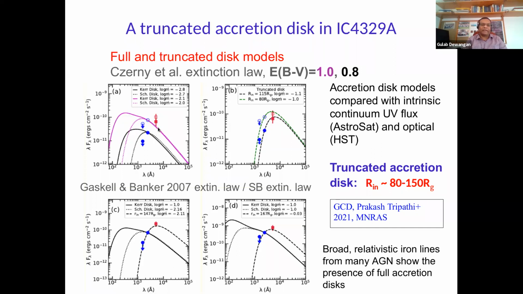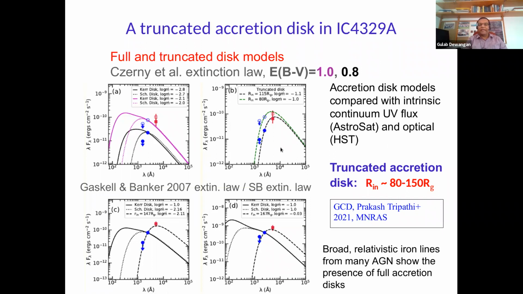These are the different curves and different data points due to the different color axes, even for this Sejourne et al. extinction law. In the bottom panels, there are the different extinction laws, Gaskell and Benker and the starburst extinction law. In each case, we need a truncated accretion disk to describe the observed far ultraviolet, near ultraviolet, and optical data from HST.